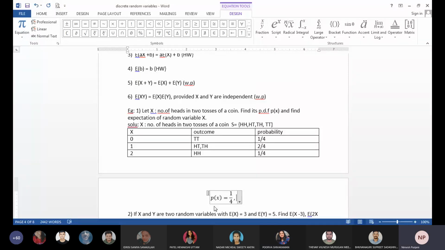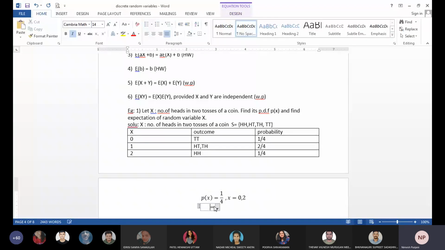2 times. For what values of X are you getting 1/4 as the probability? 0 and 2. So P of X is 1/4 when X is 0, 2. Okay, this is how you will write. What is the other value?